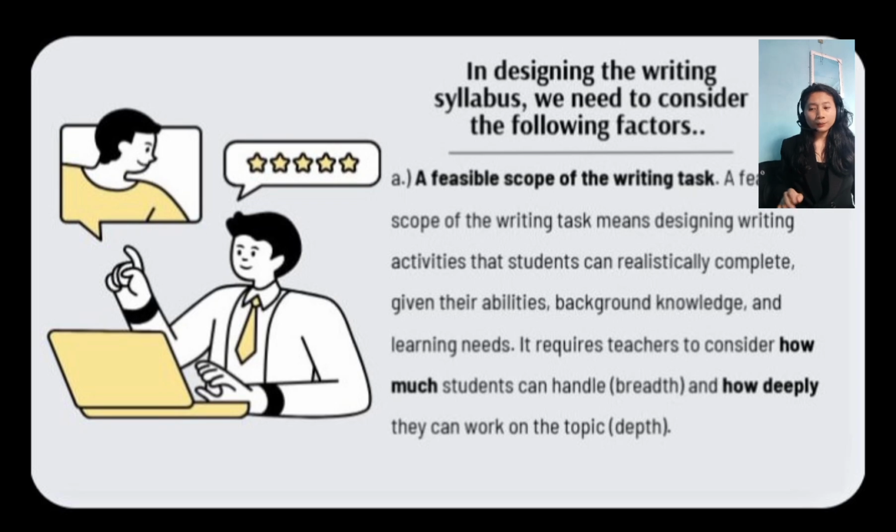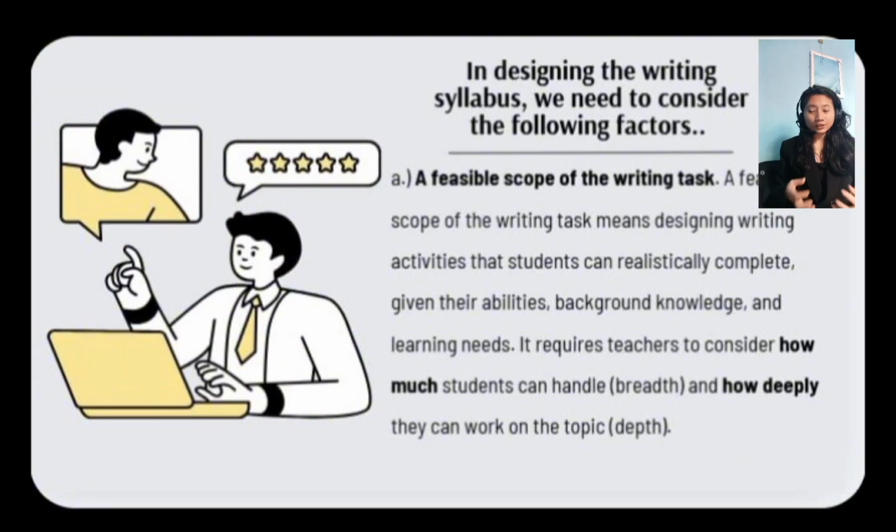For example, learners who struggle and have limited vocabulary. Say the students are at beginner level, the teacher should consider whether the task suits that level. If the students are at intermediate level, the task should be for intermediate level. Beginner for beginner, intermediate for intermediate, and advanced for advanced learners.